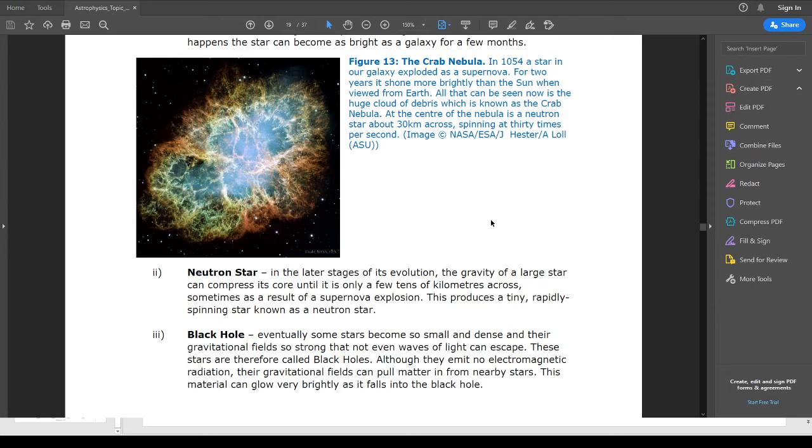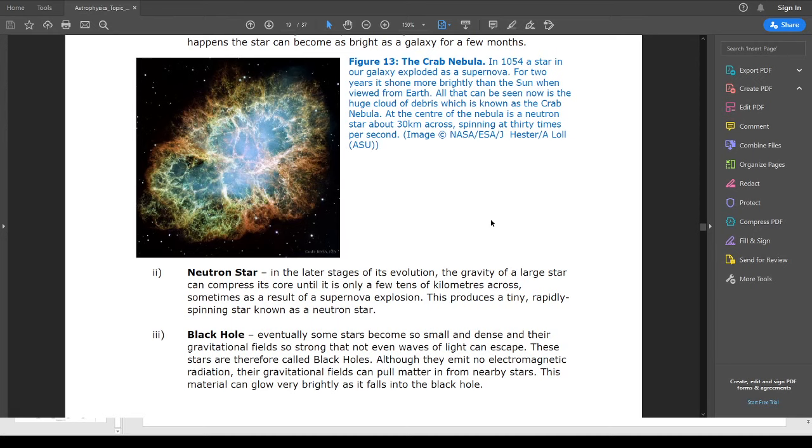Whether the core remnant will be 1.5 solar mass or 5 solar mass, what does that depend on? If the actual original mass of the star is 15 to 20 solar mass, then the mass of the core remnant will be 1.5 to 3 solar mass.